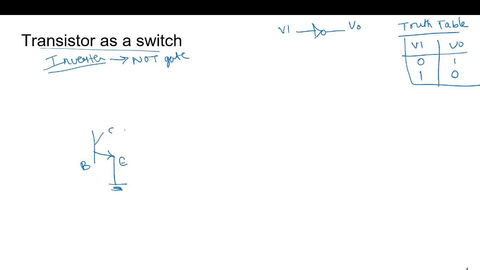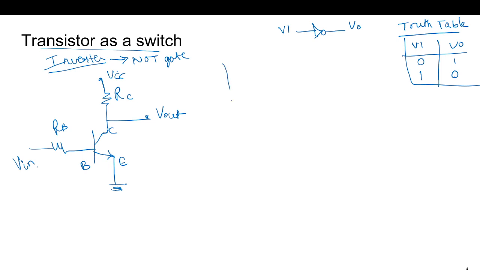This emitter, collector, and one collector resistance, VCC. Here, base resistance, VIN. So this will be providing inversion.